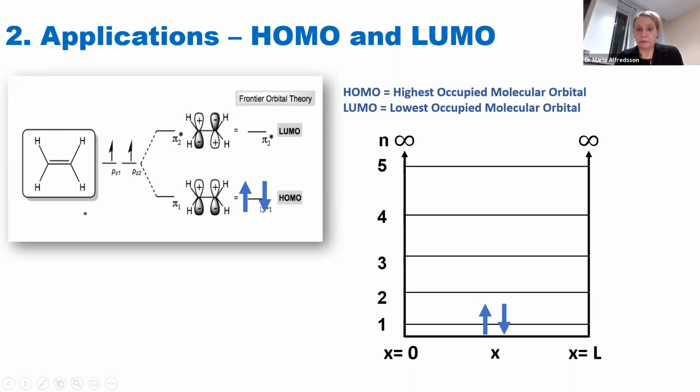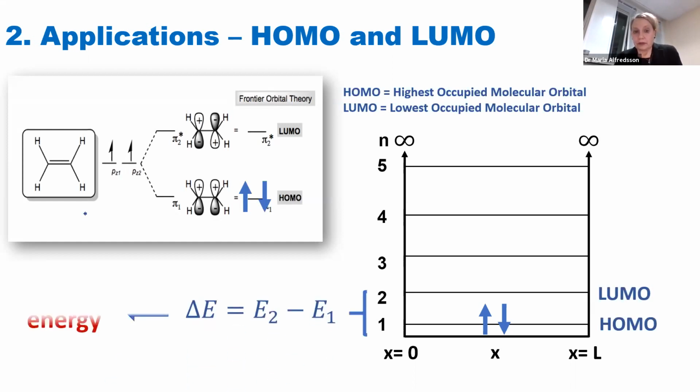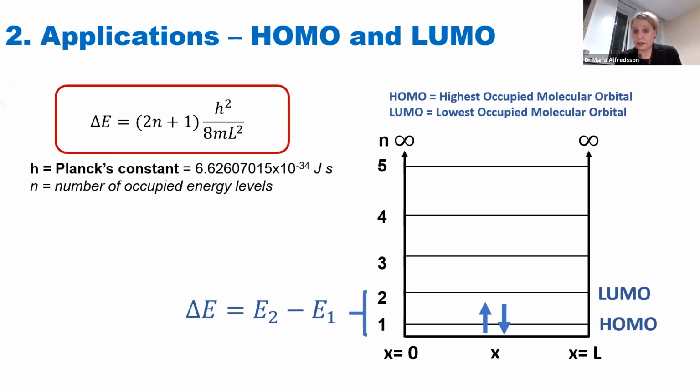That is my HOMO. And what I can do is excite one of these electrons from my HOMO to my LUMO. That is called my excitation energy.